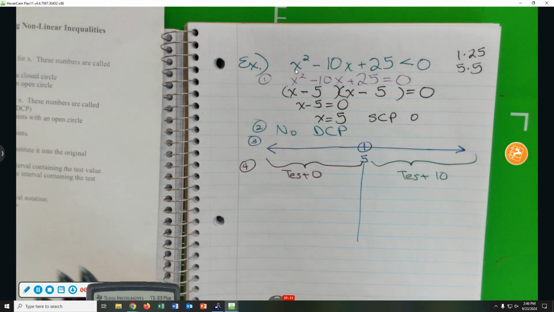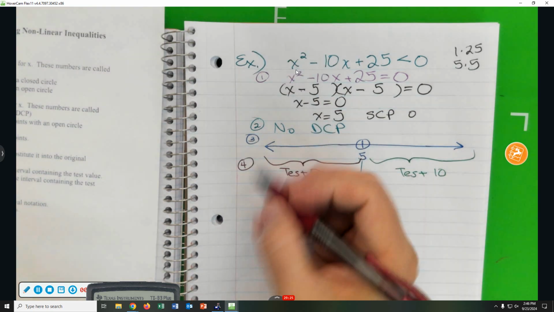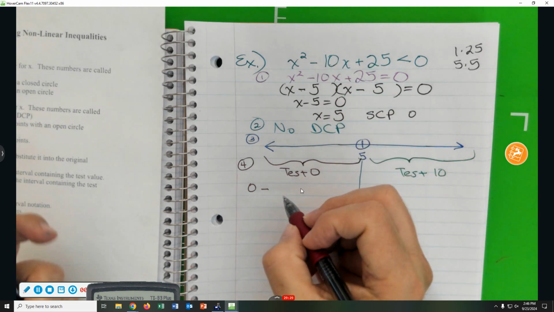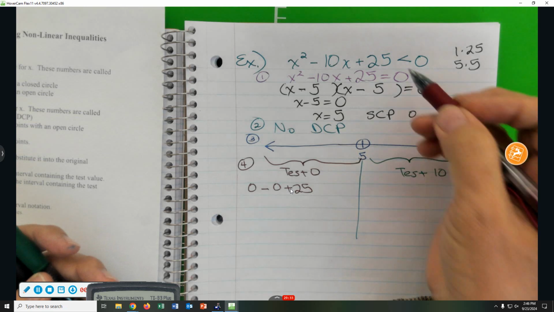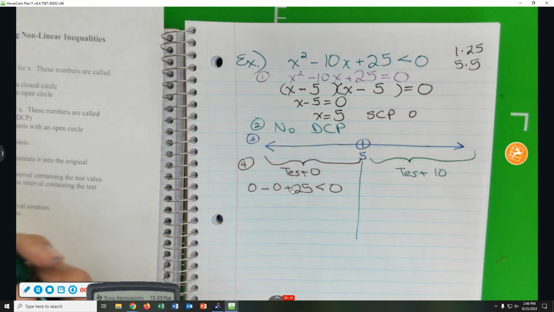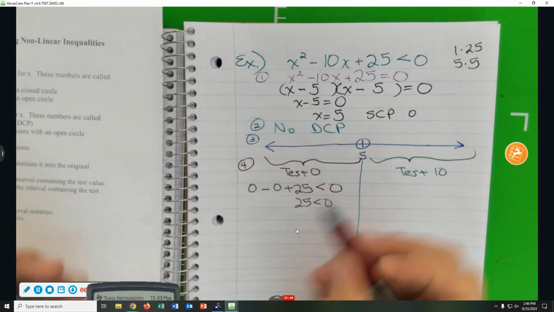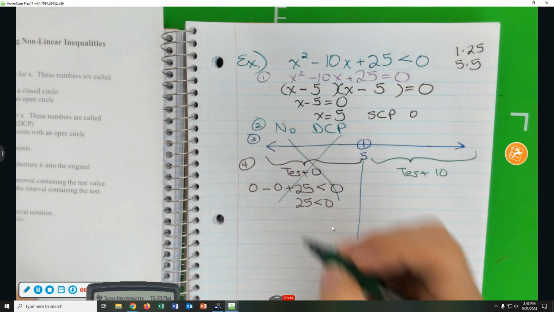So, testing 0. 0 squared is 0, minus 10 times 0, plus 25. Is that less than 0? No, that says 25 is less than 0. So cross it out and label it false.